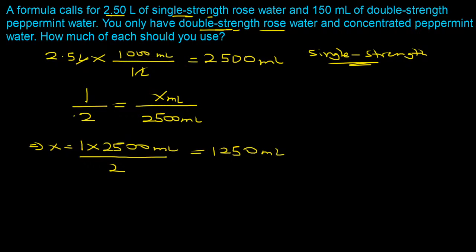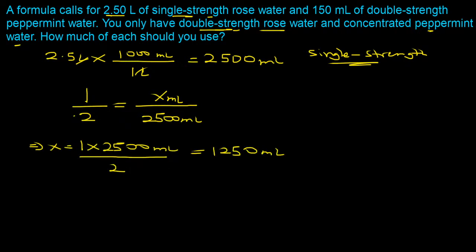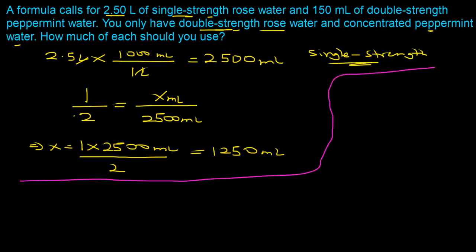Now, let's take a look at how you would solve the same question for the situation where you have the concentrated peppermint water. All right, so for the double strength, let's use a different color for that. What's going to happen is we need to recall the relationship between a double strength and concentrated.